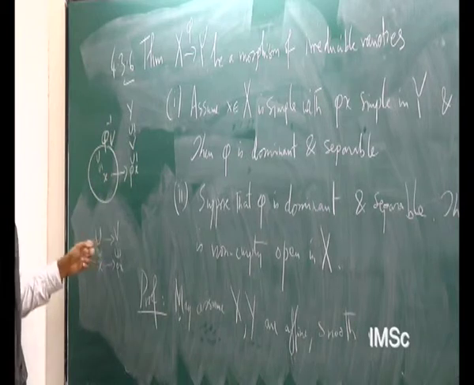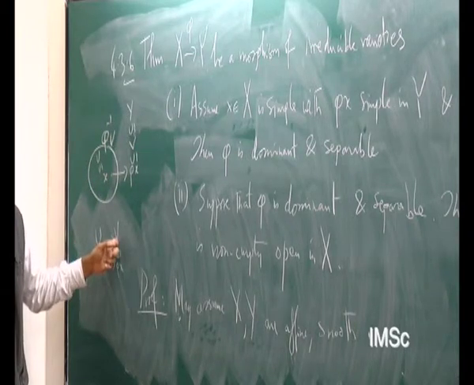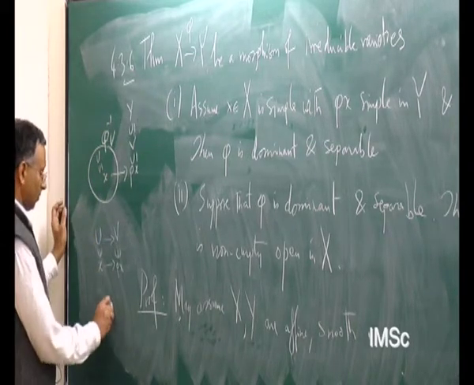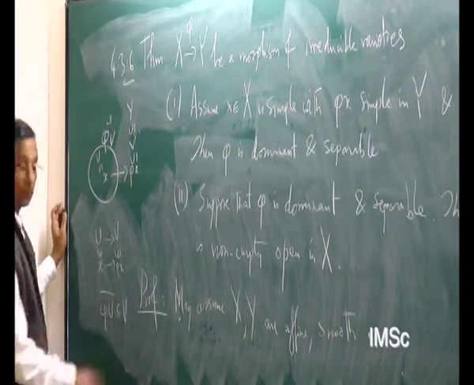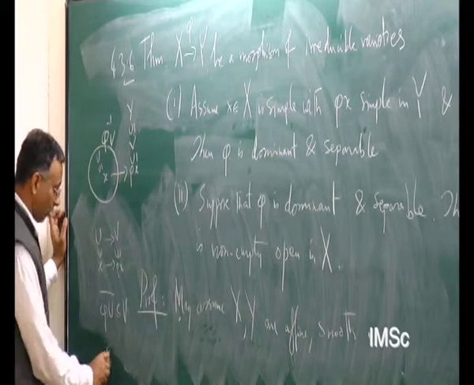So if the closure of phi of U contains V, what about the closure of phi of X?